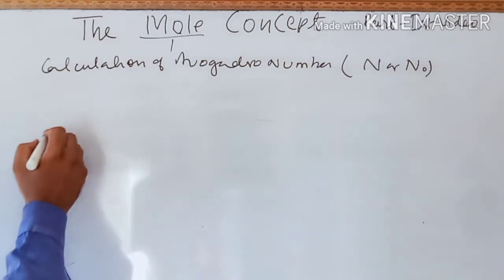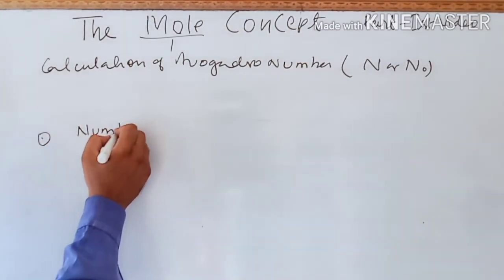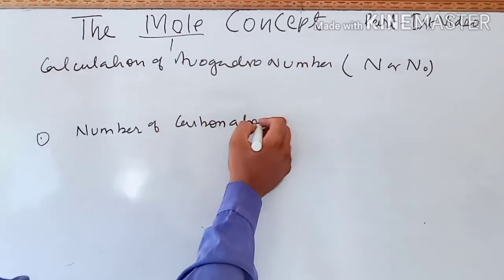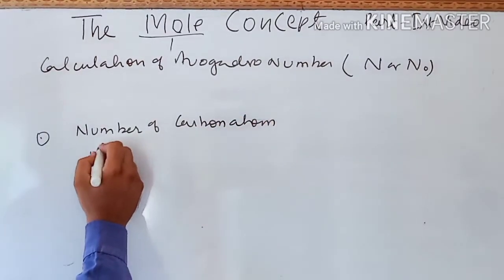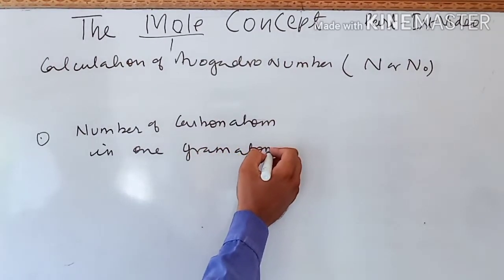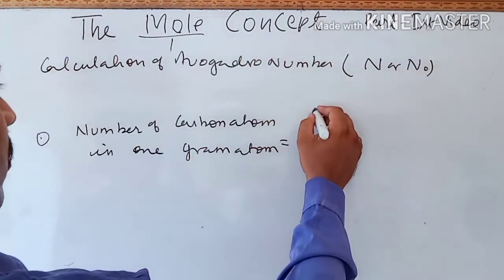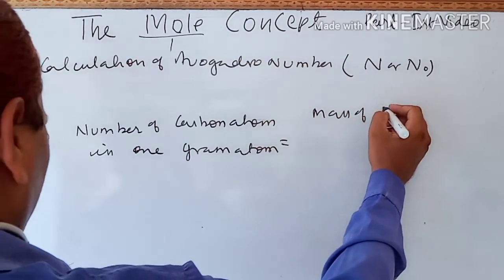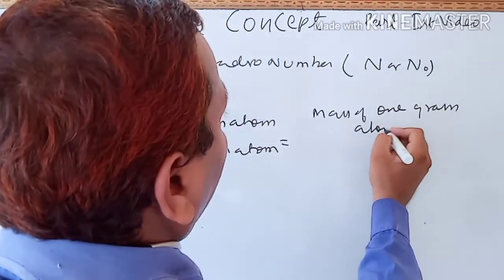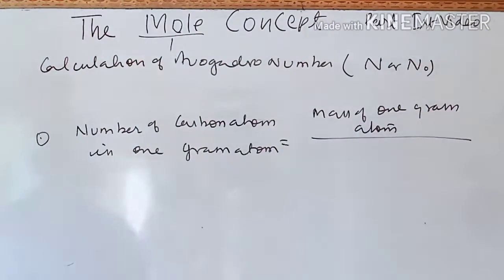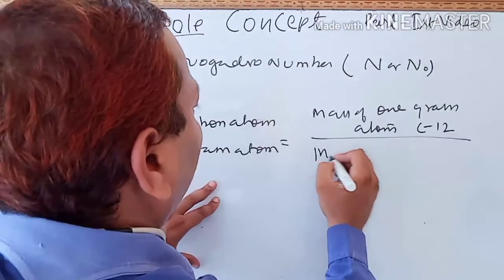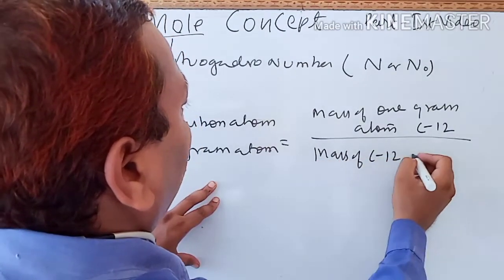So children, we have a very simple formula. Number of carbon atoms in 1 gram atom is equal to the mass of 1 gram atom of C12 divided by the mass of one C12 atom.